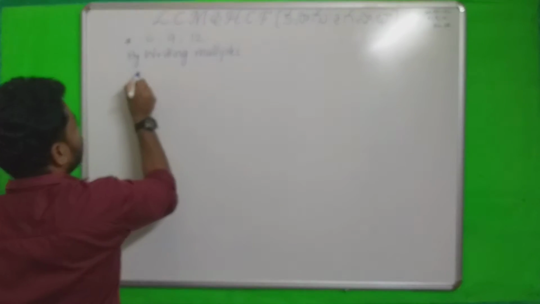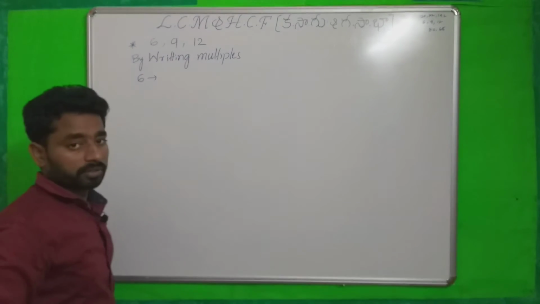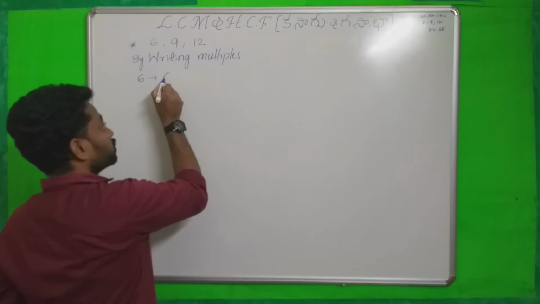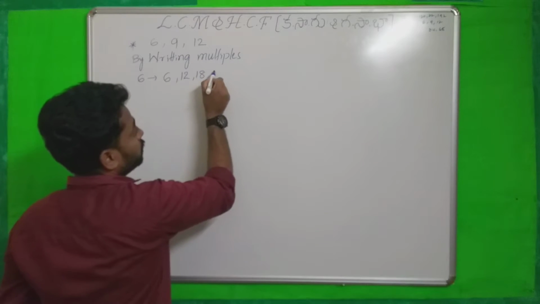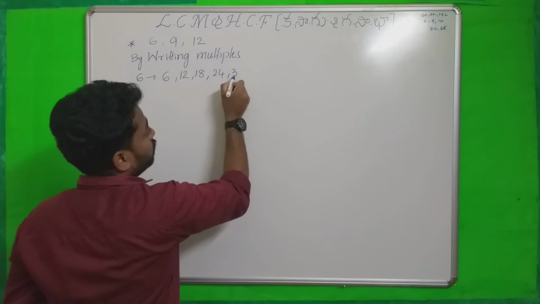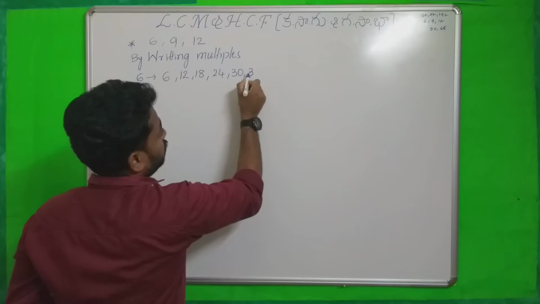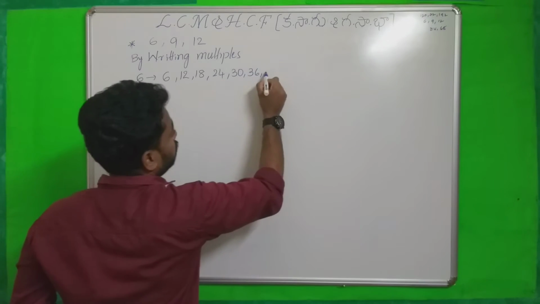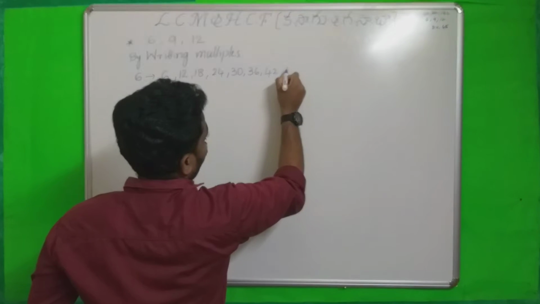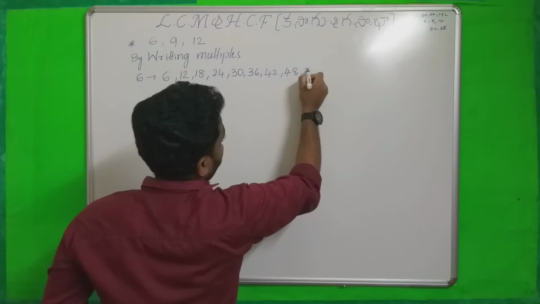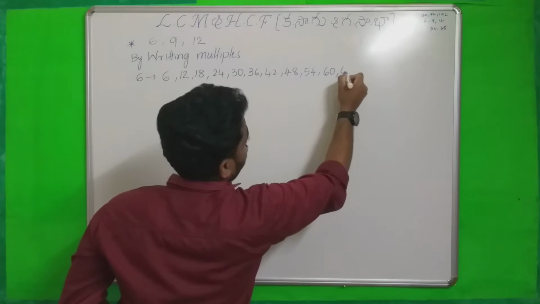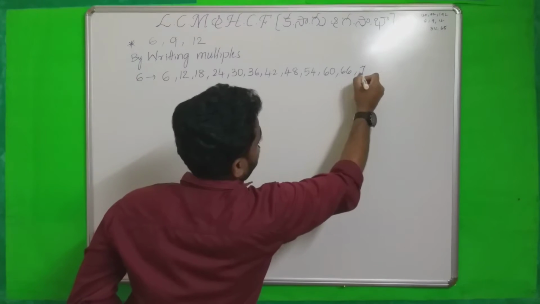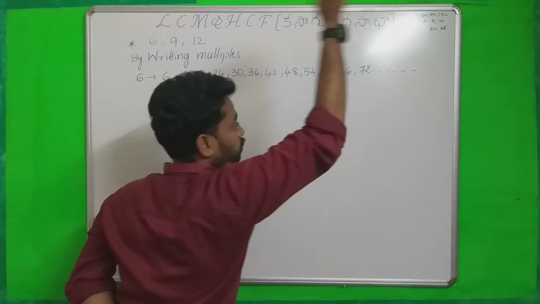First, the multiples of 6: 6, 12, 18, 24, 30, 36, 42, 48, 54, 60, 66, 72, so on.